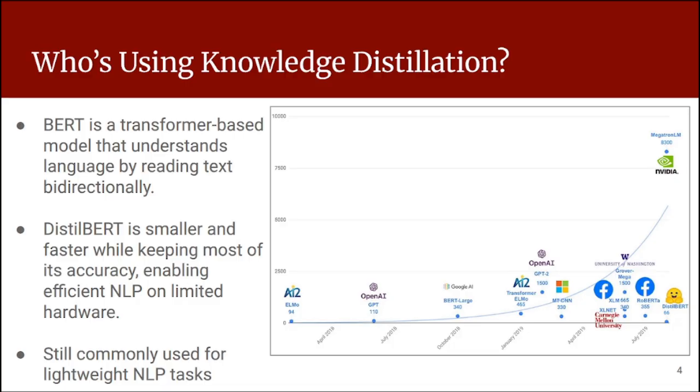If you look at the chart on the right, you can see around 2019 when DistilBERT launched, these are parameters measured in millions. So models were really starting to ramp up the parameters and the compute costs. And right before DistilBERT, you had Megatron LM, which was NVIDIA's large model, which had 8.3 billion parameters.